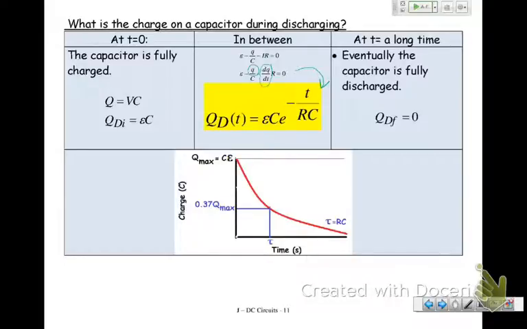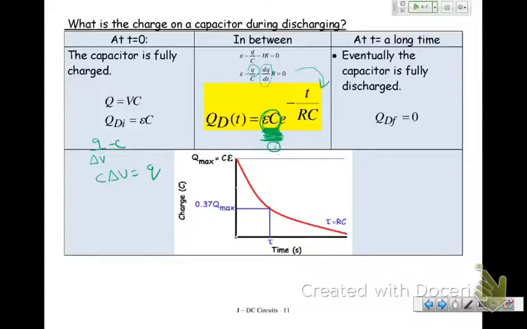It's the EMF times... what we said: delta V, Q over delta V equals C, so C times delta V equals Q. I'm not calling it delta V, I'm calling it EMF.